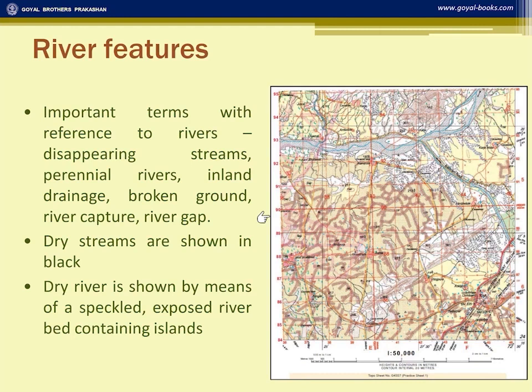Well, this is why, because there could be a limestone region, there could be a desert region where the evaporation is very high, or the water is seeped in before the river meets the main river. Hence, it is called a disappearing stream, because before meeting the main river, it disappears.